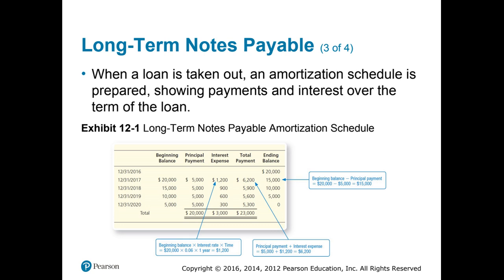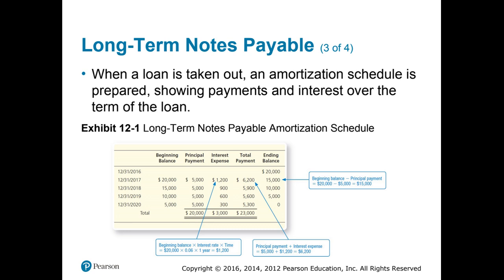And this is on page 598. It shows here, so we started out with $20,000. On December 31st, 2016, our ending balance was $20,000.